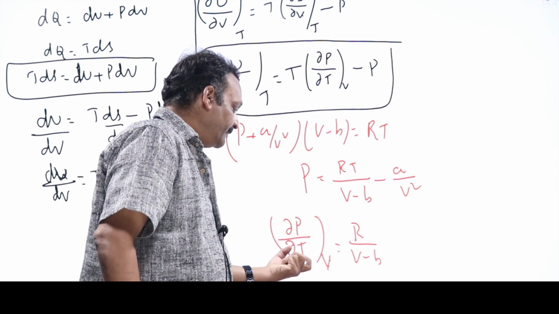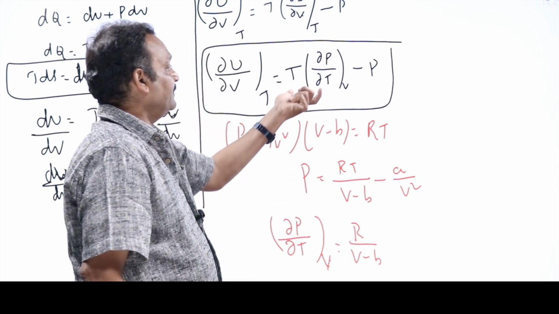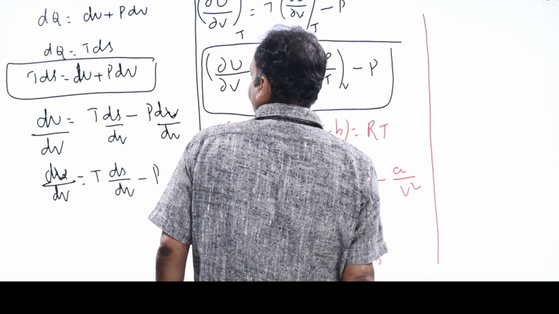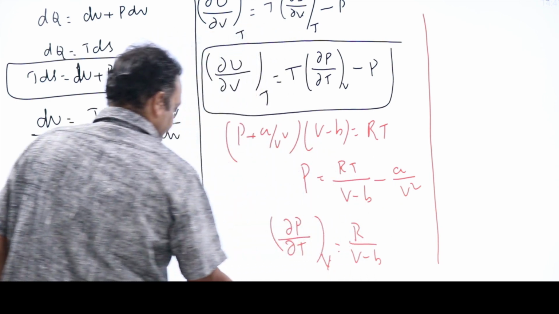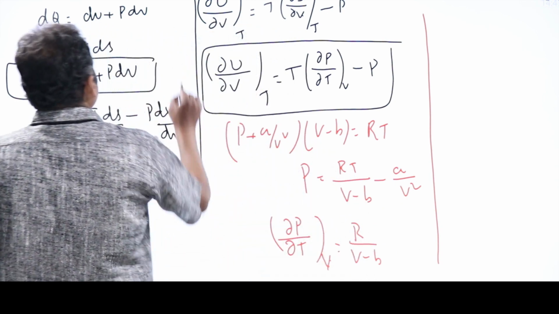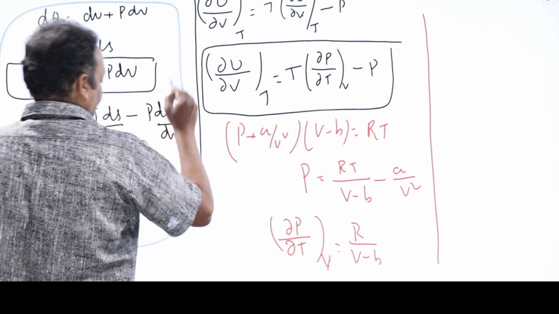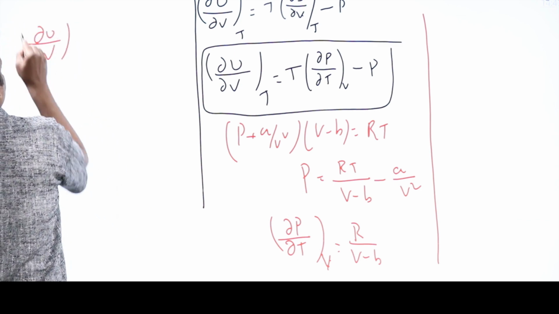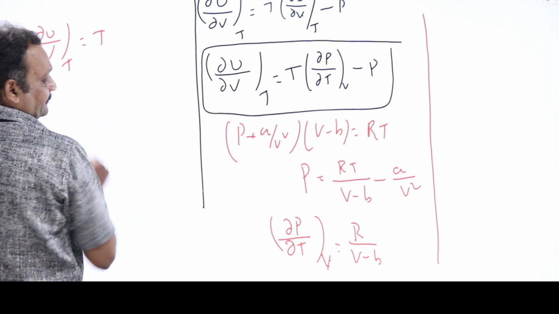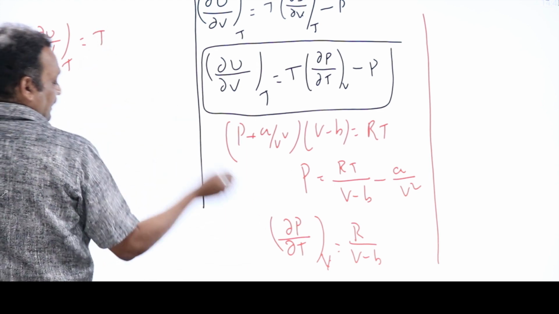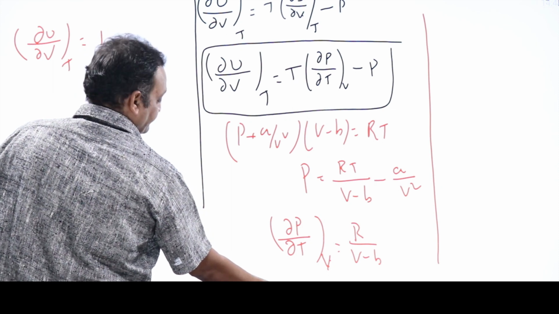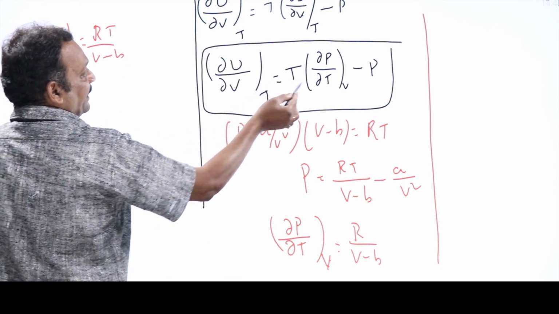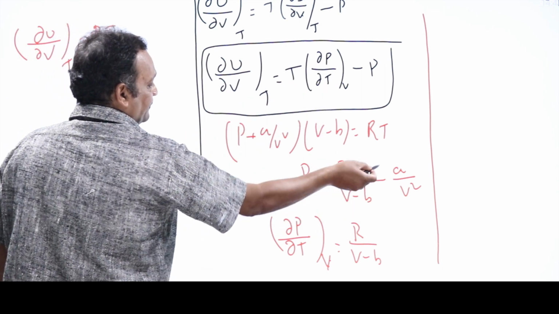Substitute this value of dou P by dou T, equal to R by V minus B, in our first energy equation. What do we get? If you substitute, dou U by dou V at constant T equal to T into R by V minus B, which is nothing but RT by V minus B, minus P. P is nothing but RT by V minus B minus A by V square.